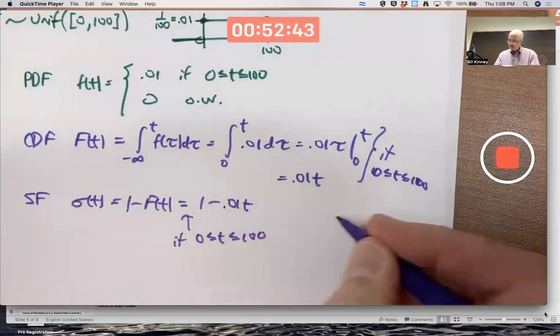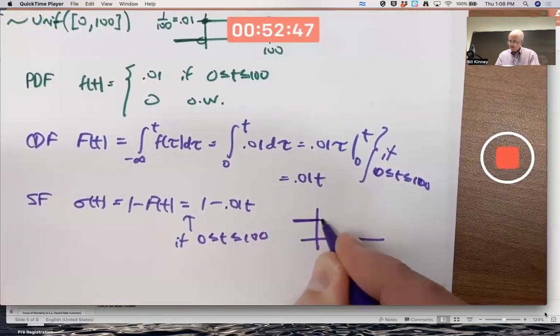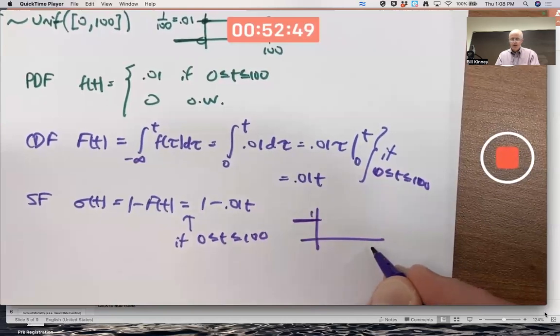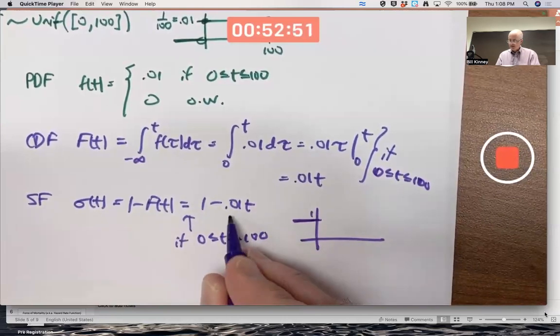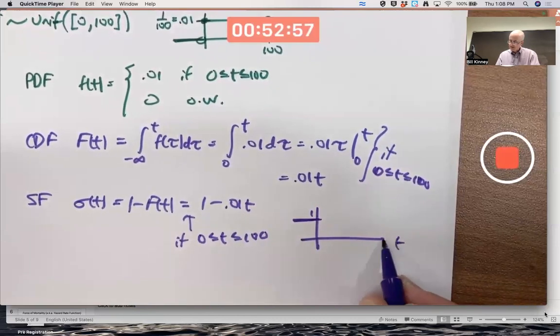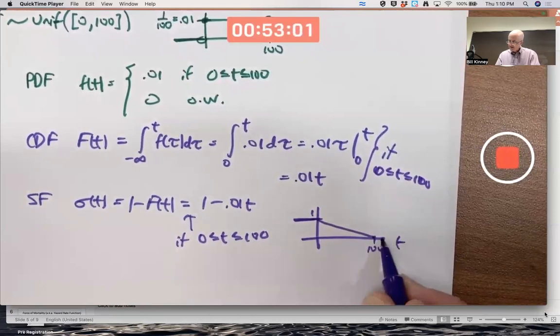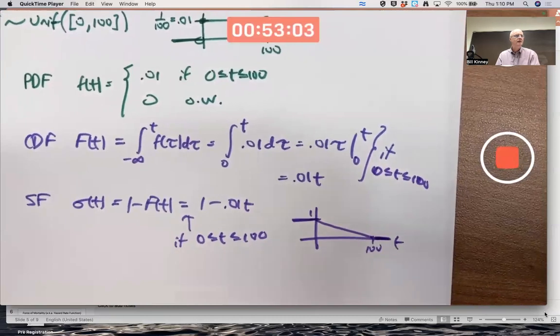If you graph the survival function, it is technically 1 when t is negative. Its graph is a straight line with a vertical intercept of 1 and a slope of negative 0.01, and its t-intercept is going to be 100. It'll look like that. And then it'll be 0 after that point.